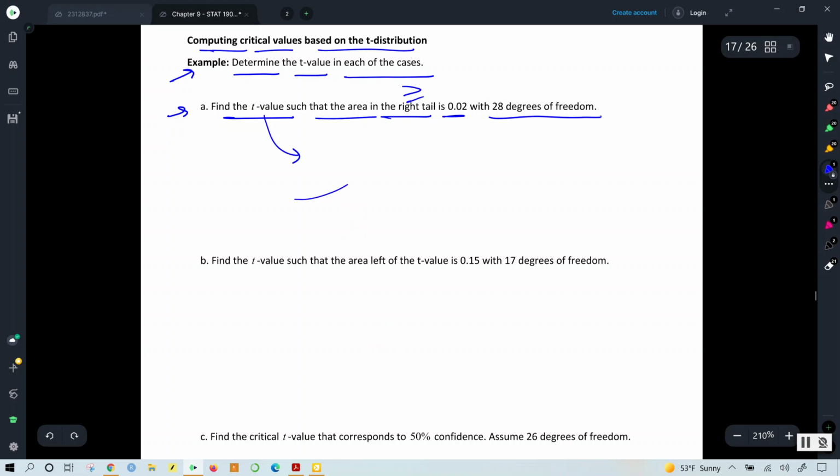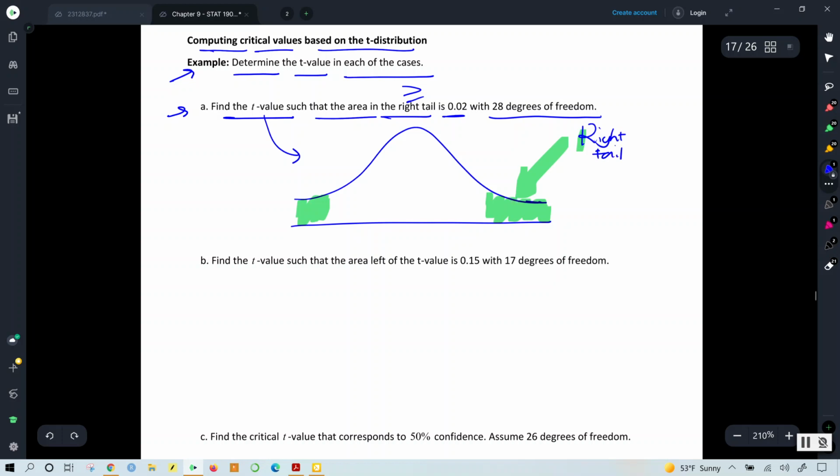The T distribution is approximately having the normal distribution, except that the tails are heavier. So where is the right tail? This is the right tail here. So we want the area in the right tail to be 0.02, the shaded area there.